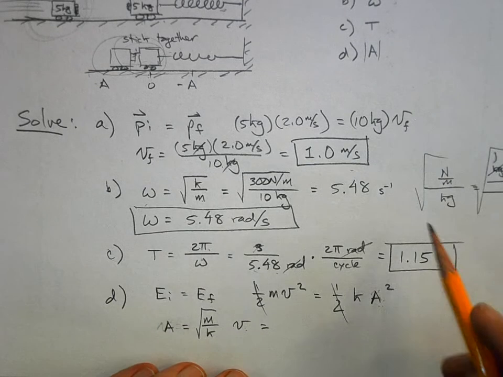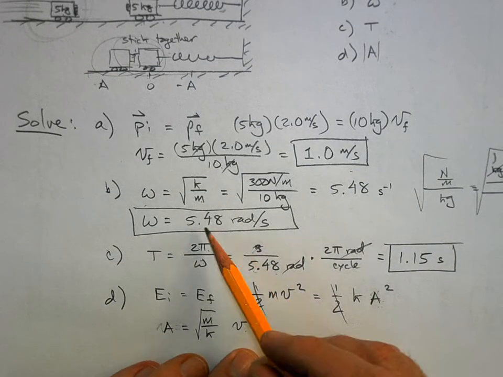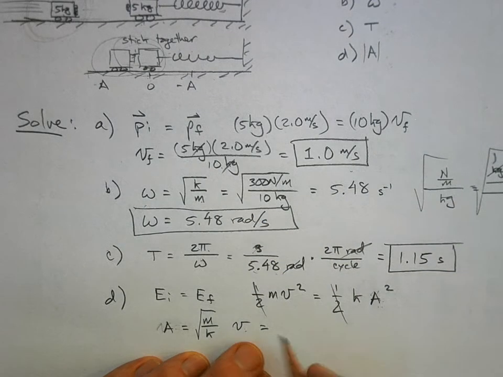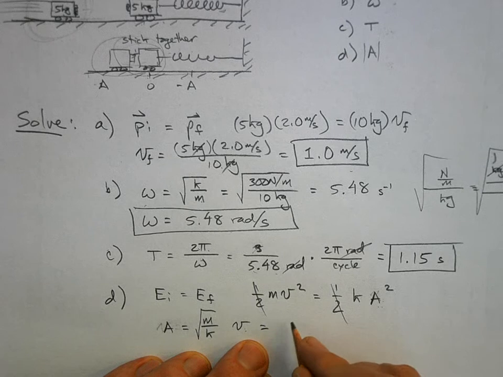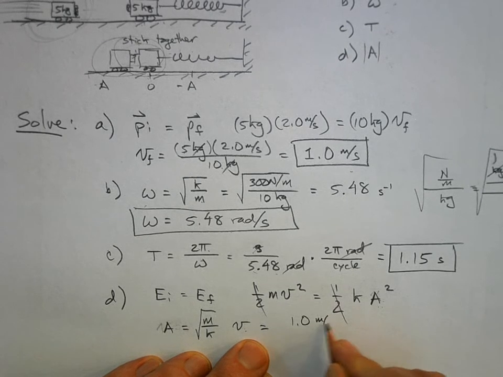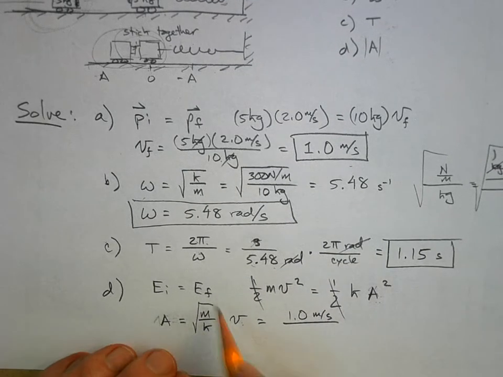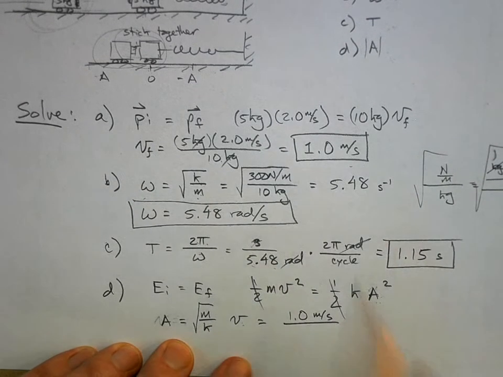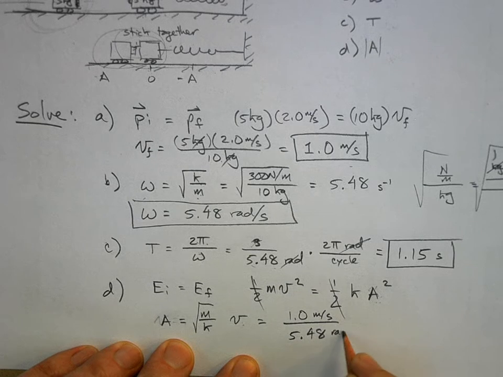Well, m over k is the reciprocal of k over m. So we'll just say this is v, 1.0 meters per second, and then I'll divide it by the square root of k over m, because that's 5.48 radians per second.